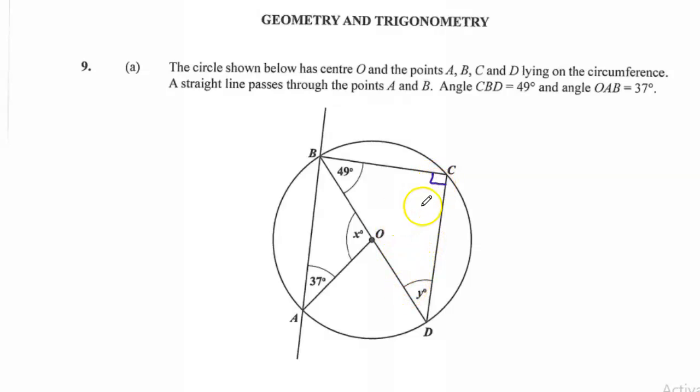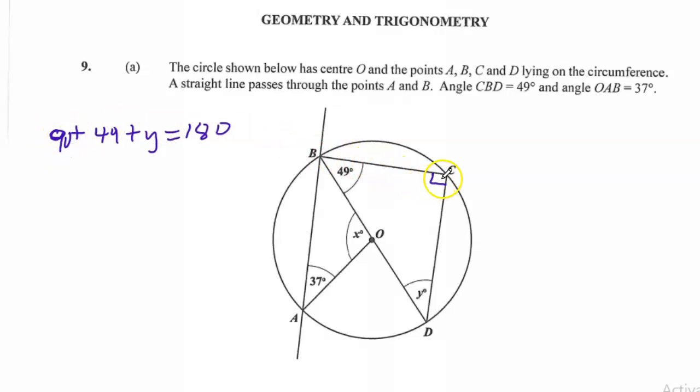So angle Y, notice angles in a triangle add to 180. So when you add angle C plus 49 plus Y, the sum should be equal to 180 degrees. Angle C is 90 degrees, right?